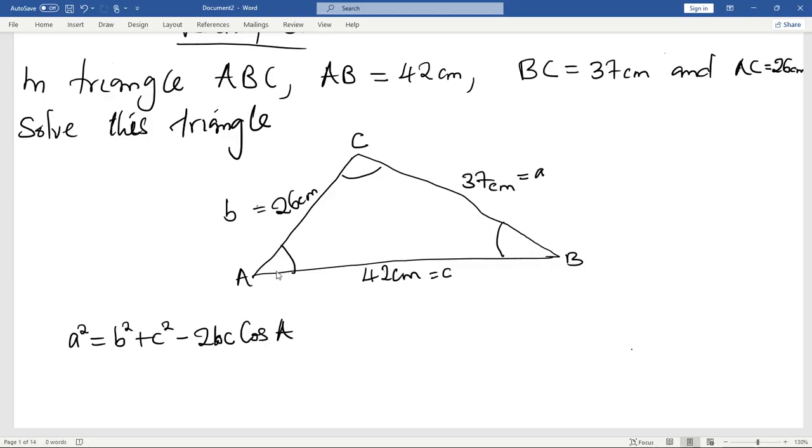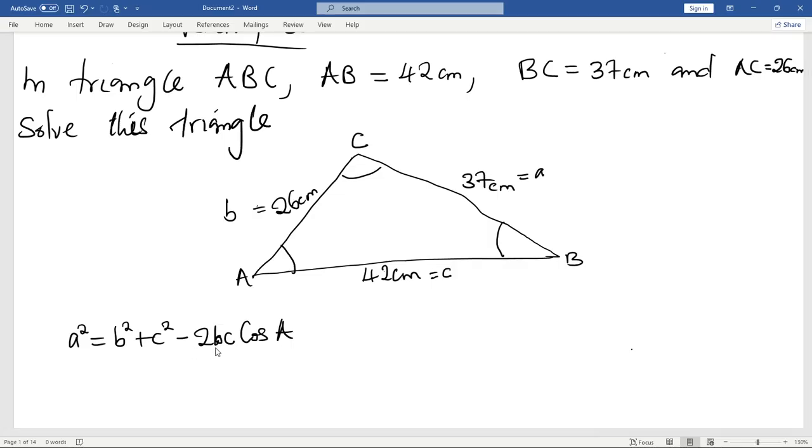So let's solve for the size of the angle A. Here we need to make cos A the subject.